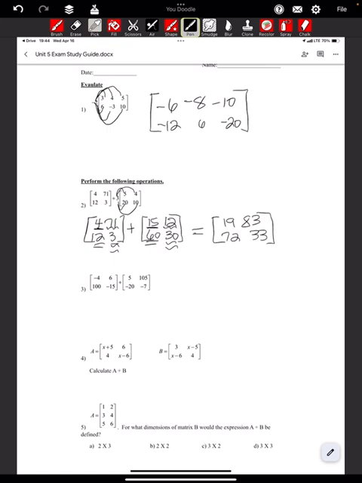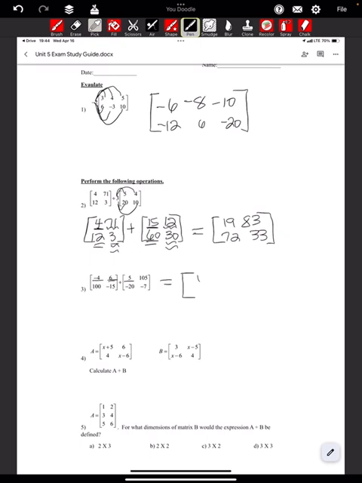So remember, we only multiply when we have a scalar factor. If one has a scalar factor or a number outside of it, we have to multiply only that matrix that the number is touching, okay? Number 3, if you notice, there's no numbers, and they are the same shape, so they're both 2 by 2s, so we're just going to do like we did on number 2, except we don't have to multiply anything. So negative 4 and positive 5 give us positive 1.